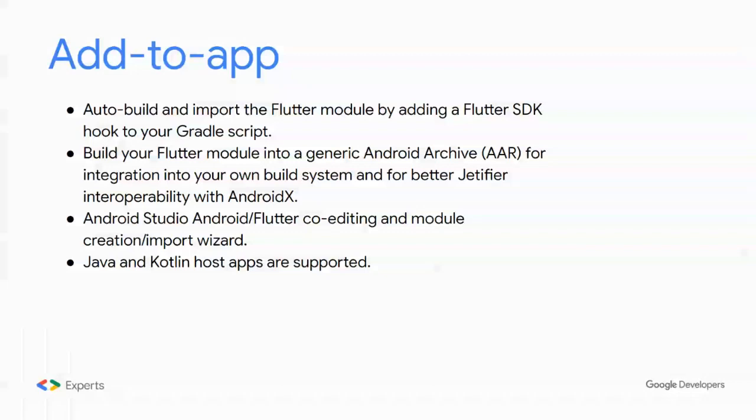When you create your Flutter module, Flutter has a command for you to create an AAR file. First of all, you can use that AAR file directly if you don't want to bundle the Flutter SDK: you put it in your project and you will be good to go.